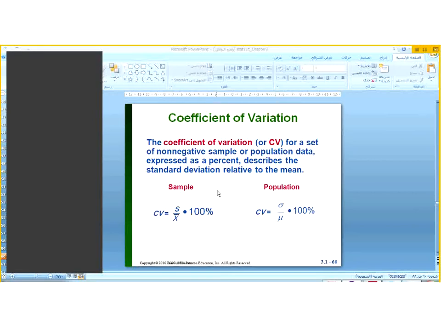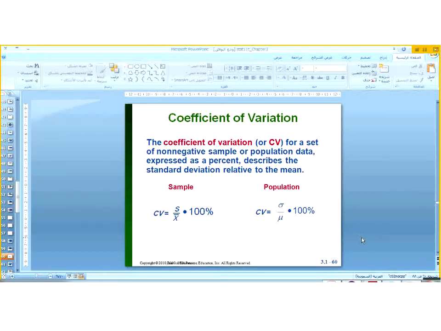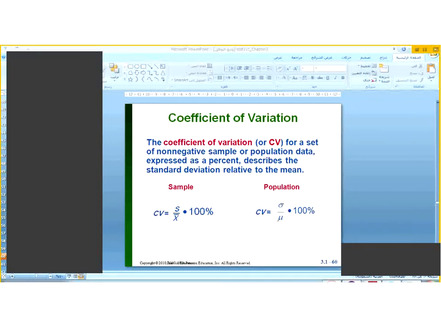In the same way, for the population, CV equals sigma, the standard deviation of the population, divided by mu, the mean of the population, multiplied by 100%. The coefficient of variation is used to compare between two populations or two samples.